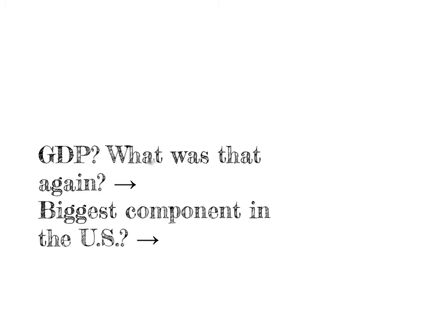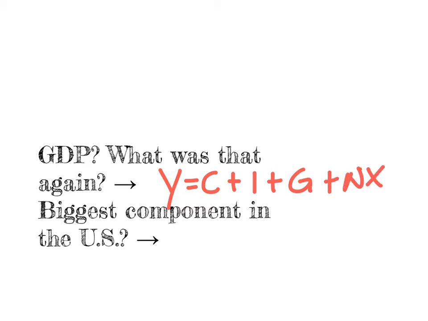The equation for GDP is, what is it? Y equals C plus I plus G plus NX. At this point, I hope you know what all of these components mean, no? Can you also tell me what the biggest component of this equation is for the US economy?